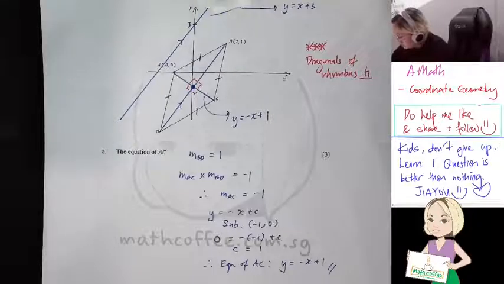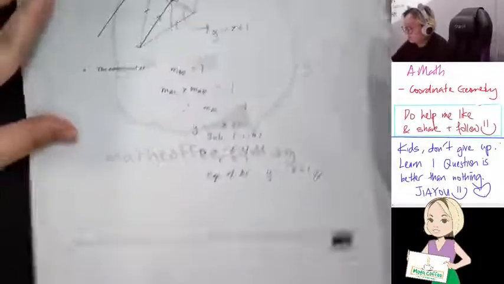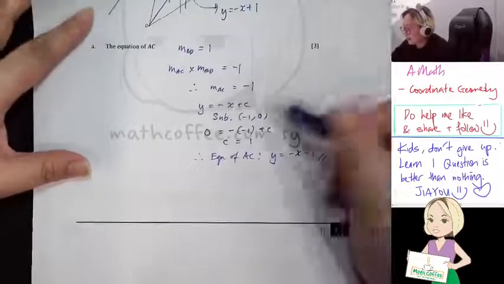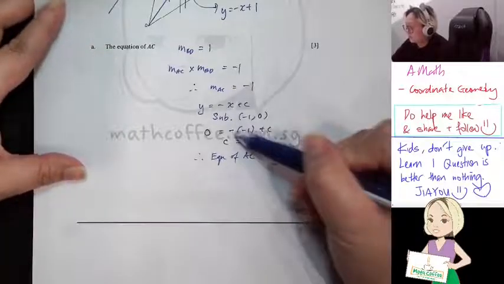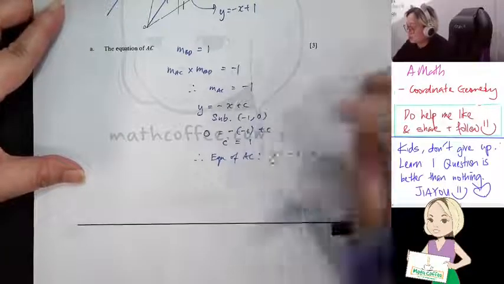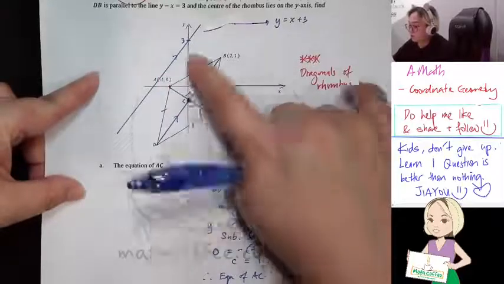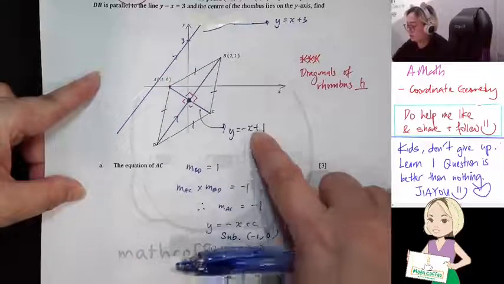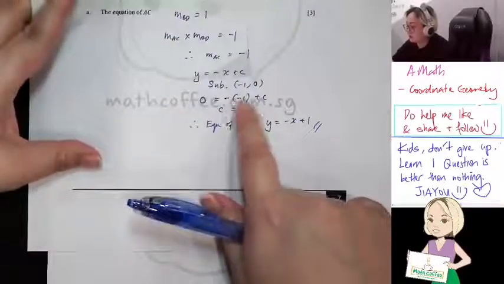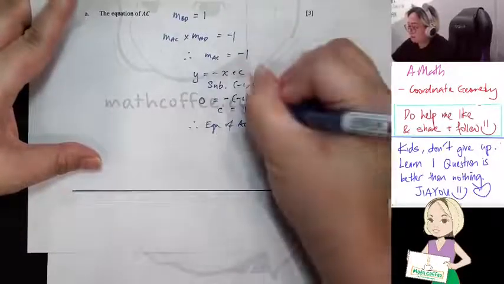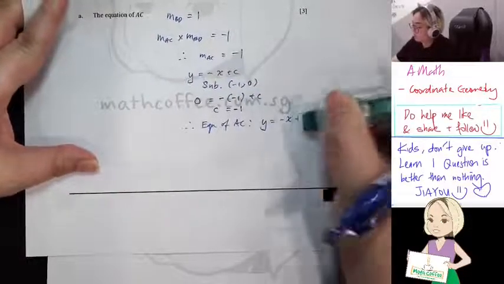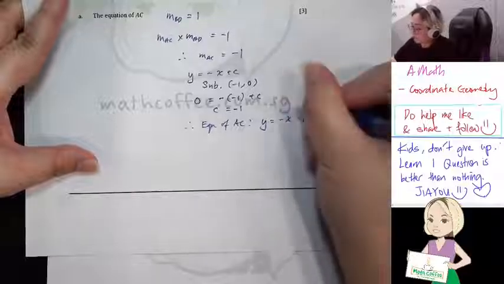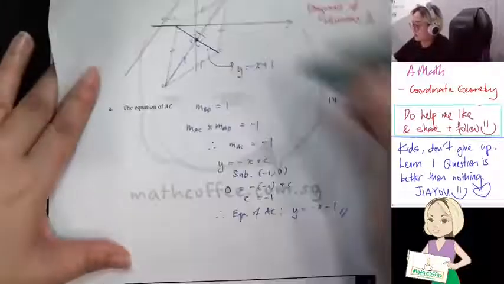I think I wrote wrongly. Oh, I made a big mistake. Okay, this is positive 1. Bring it over, it should be negative 1. You know how I know that I'm wrong? Because this line's y-intercept is below the x-axis, so it should be a negative value. Then I was looking at this, it doesn't make sense. So this plus 1 brought over should be negative 1. Sorry for the mistake. So this is minus. Now it makes sense.